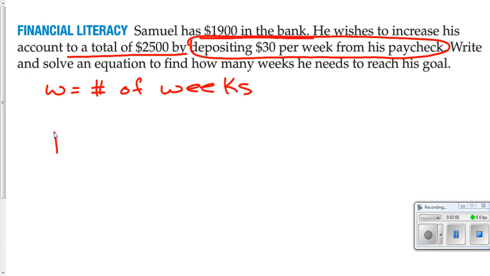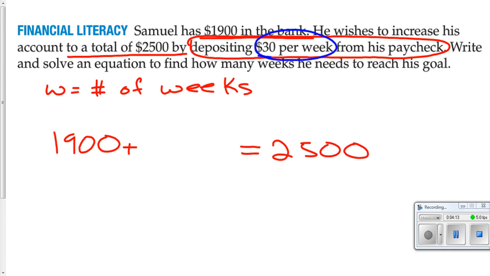We have 1,900 is what we're starting with. And then we know that we want to end up with, so it's going to be equal to, at the end, 2,500. And we have to leave a space because we're depositing, which means we're adding to our 1,900 $30 per week. Now, the per week tells us that we have to multiply the 30 by the number of weeks.